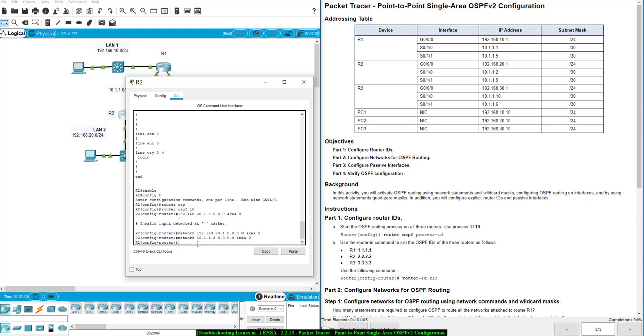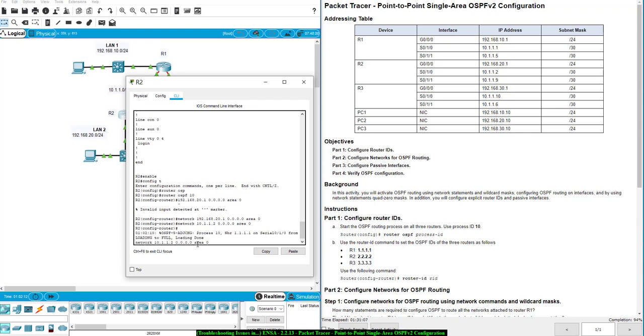All right, that's fine. And then finally, notice we're starting to get hello messages, so let's not get confused by that. But the last thing we need to do is the serial 0/1/1, which is 10.1.1.9.